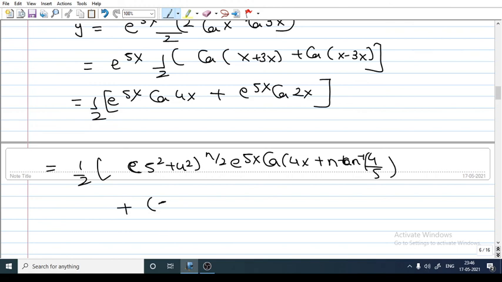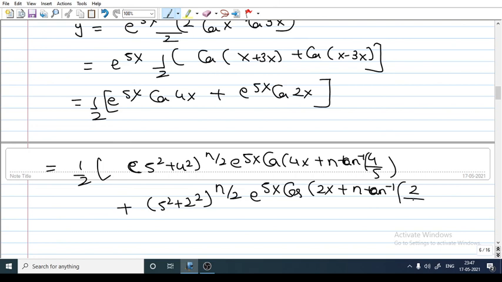Similarly here we will apply (5 square plus 2 square) the whole power n by 2 into e power 5x into cos(2x plus n into tan inverse), b is 2, a is 5. So we got our answer.